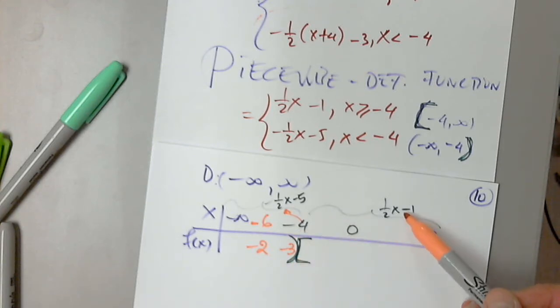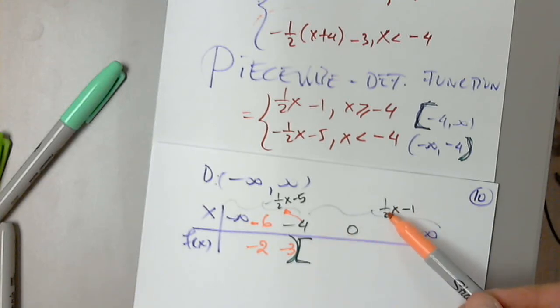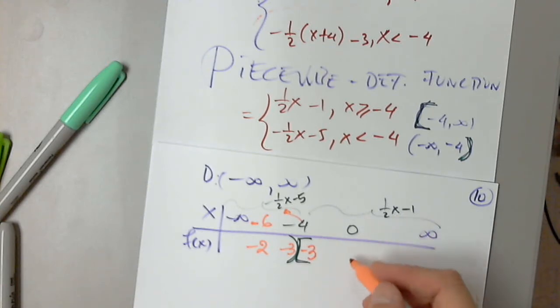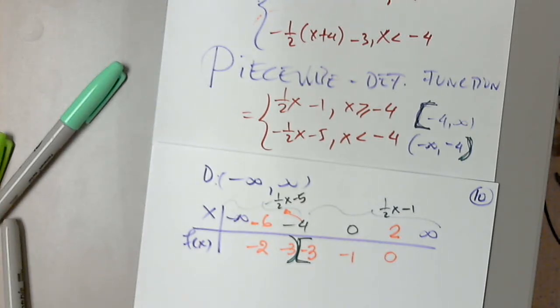Now when you plug in -4 on the other side, you must get the same number. This function will never have a jump. So let's see, -4 divided by 2 is -2 minus 1, indeed -3. I plug in 0, I get -1, and I will also plug in 2 because I get 0. 2 over 2 is 1, 1 minus 1 is 0. I always look for the x and y intercepts, and you should too.